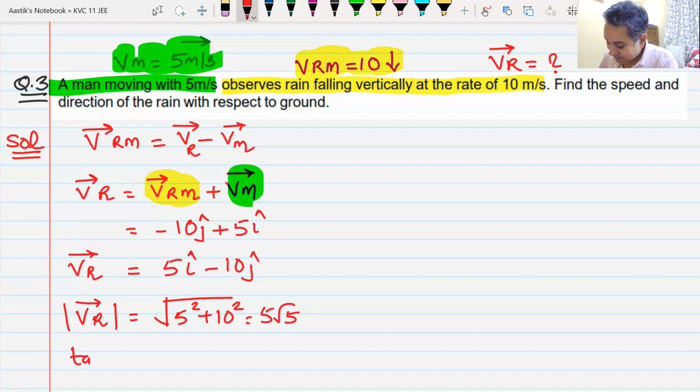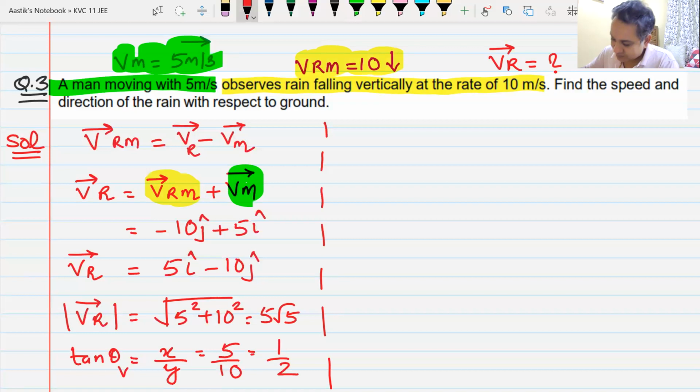And then I can find the angle it is falling, the angle with the vertical, x divided by y, 5 divided by 10. That is half. That is way number 1 of doing this. Do we understand this? Yes or no?